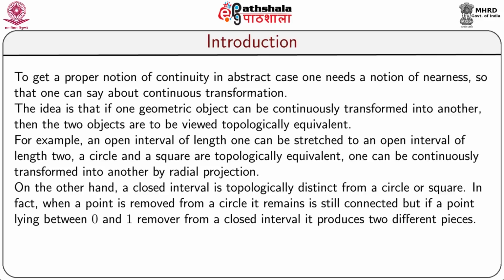So, these two open intervals are topologically equivalent. But if we consider an open interval and a circle, these two will not be topologically equivalent. Why? Intuitively, if we remove a point from the open interval and a point from the circle, the open interval is left with two components, but the circle is left with only one component.